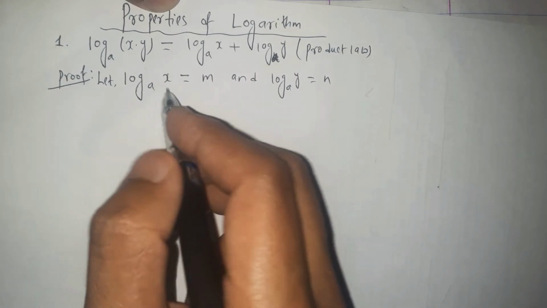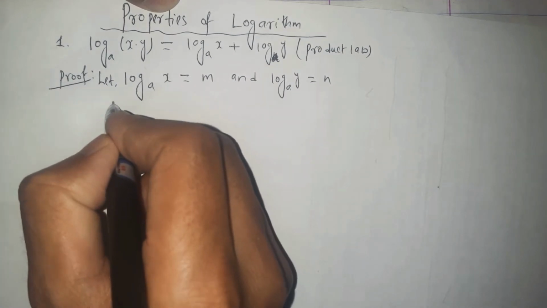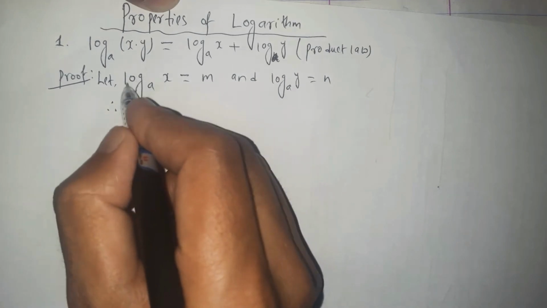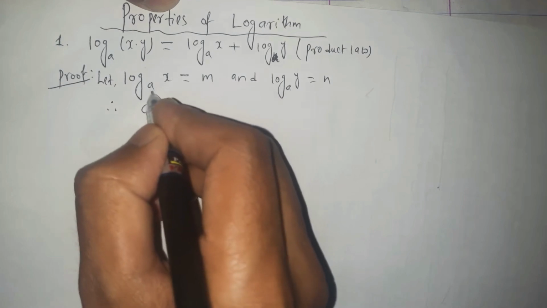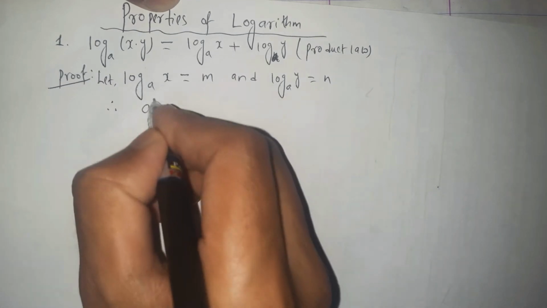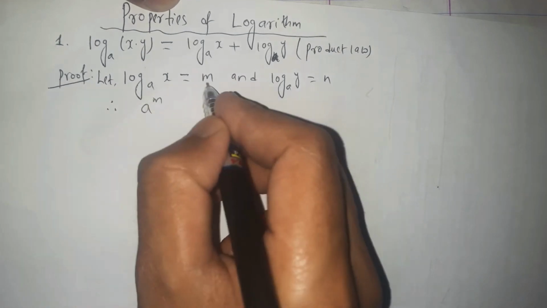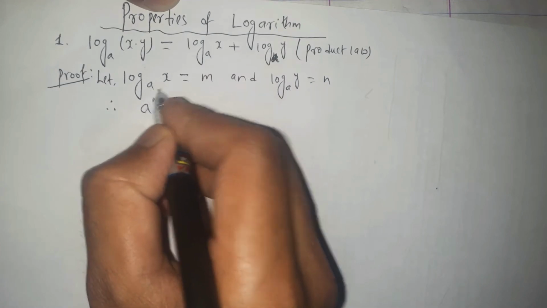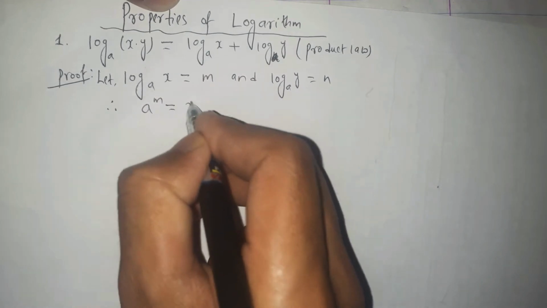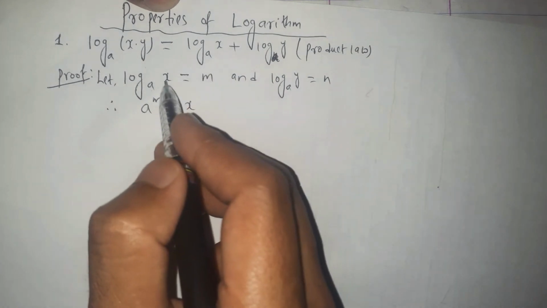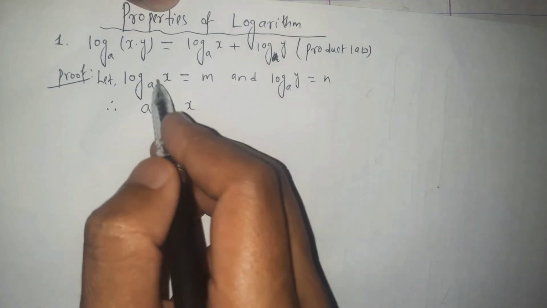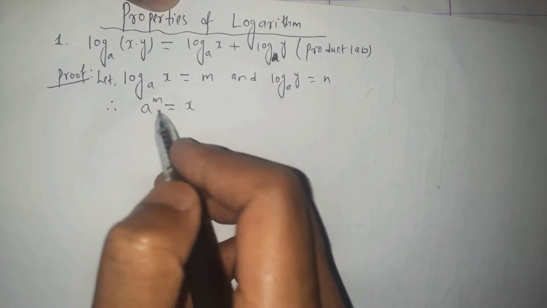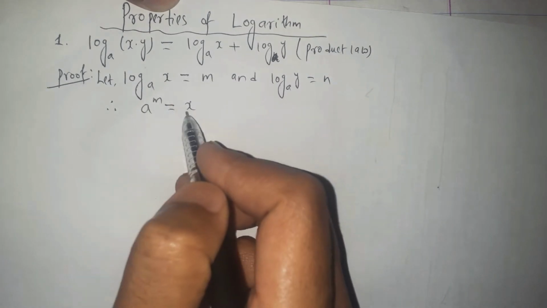From these first logarithm equations, we can conclude that the power of base a is m to give x. These logarithm equations can be converted into exponential form: a raised to the m is equal to x.